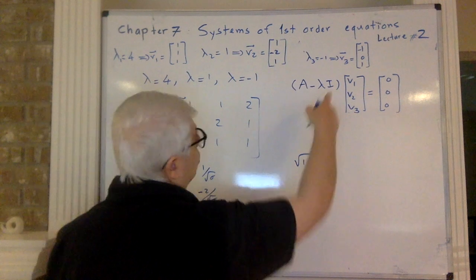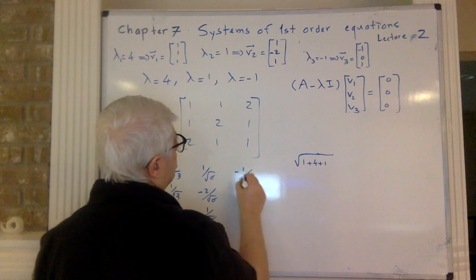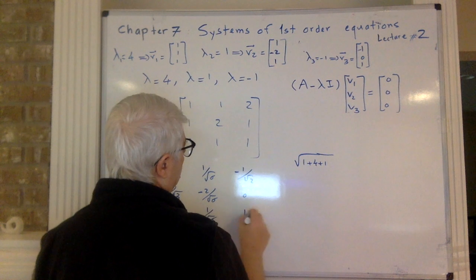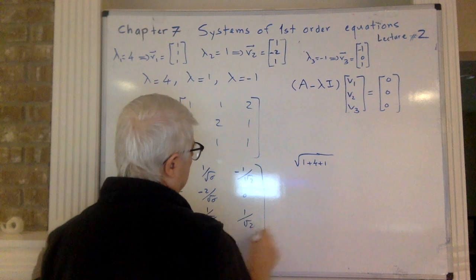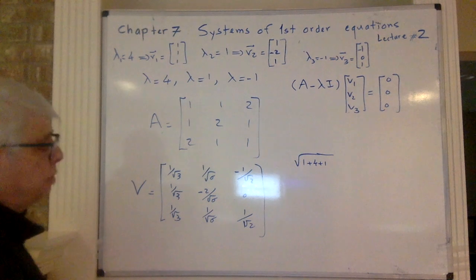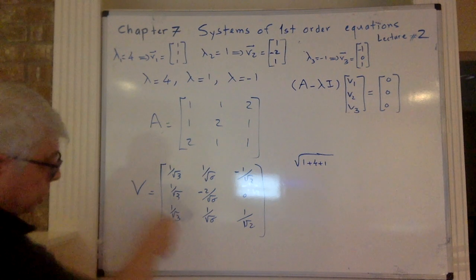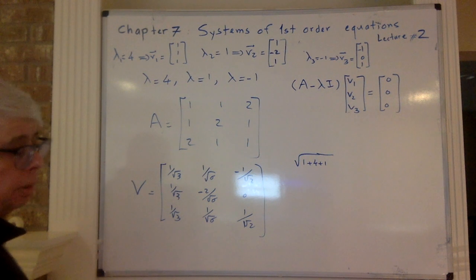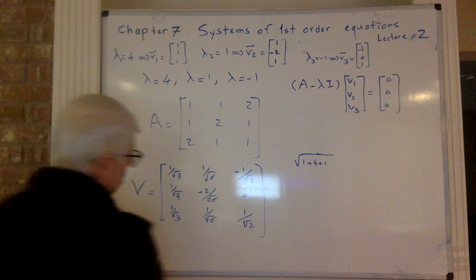And the other one will be minus 1 over square root of 2, 0, 1 over square root of 2. Now, if I used, say, Mathematica, for example, it would give me this. I mean, it gives you exact solutions, well, it can give you exact solutions if you ask for.